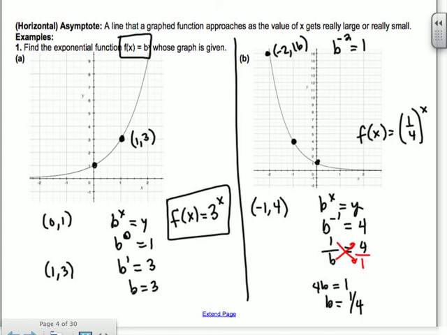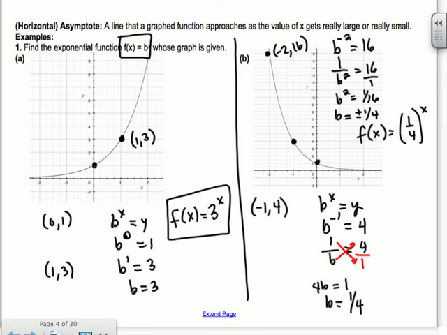So that's 1 over b squared equals 16. The only thing that gets confusing is you would end up with b squared equals 1 over 16, so you'd get b equals plus or minus 1/4. But what did I tell you about the b values? That makes you know it's the 1/4.